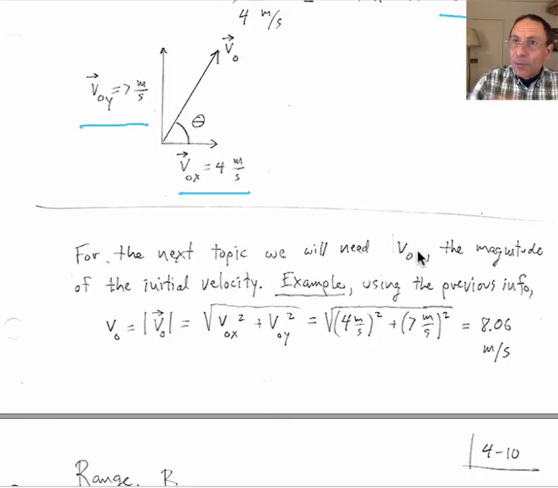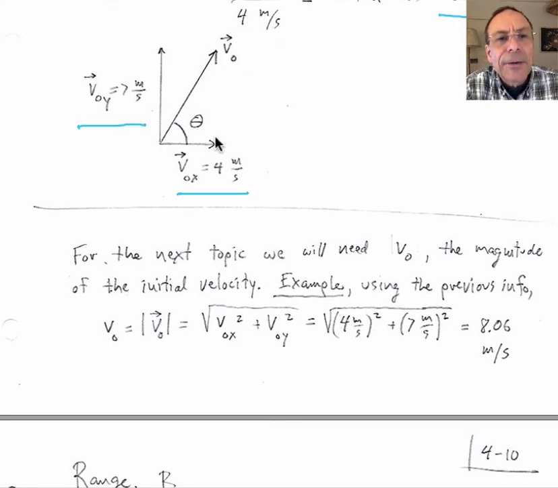Continuing with the idea of, let's say you're in the Army and you're firing a tank, you have control over the elevation angle, and you may or may not have control over the overall velocity of the shell, but at least you know what the overall velocity is. So to continue with the discussion, we need to know, what is this overall velocity? We're going to use the Pythagorean Theorem, right? So we add this component plus this component right here.